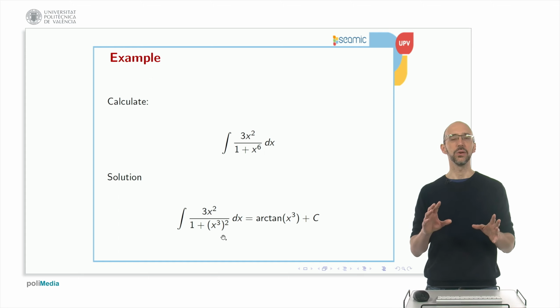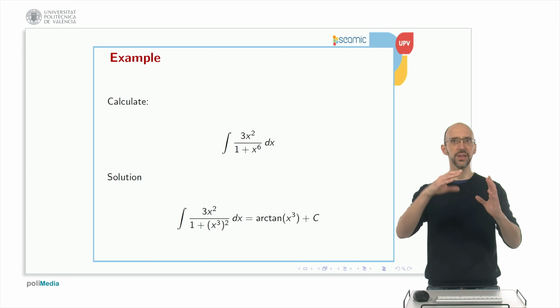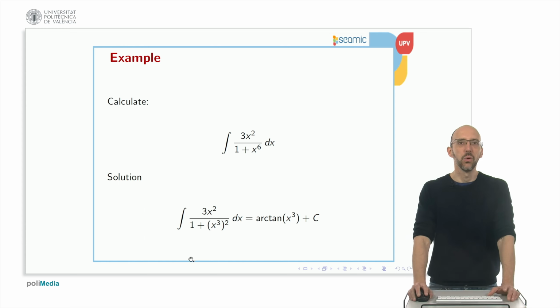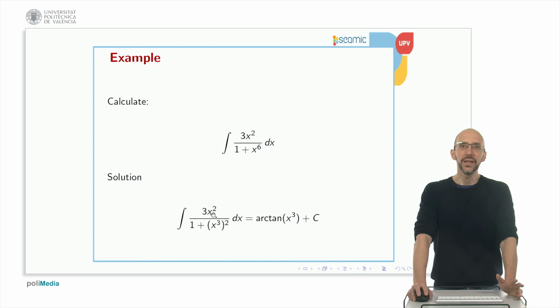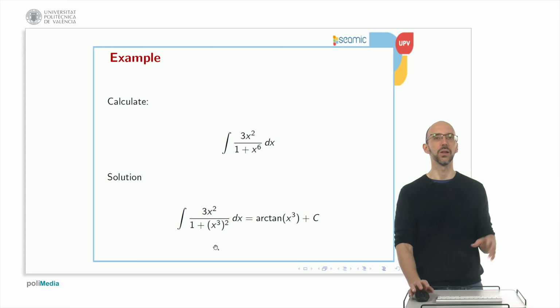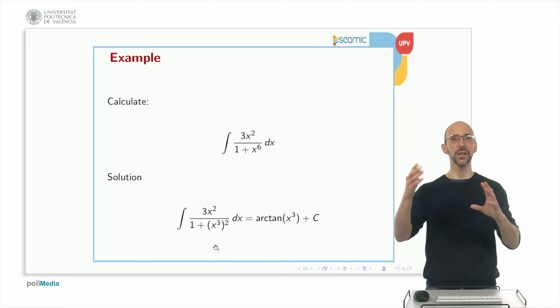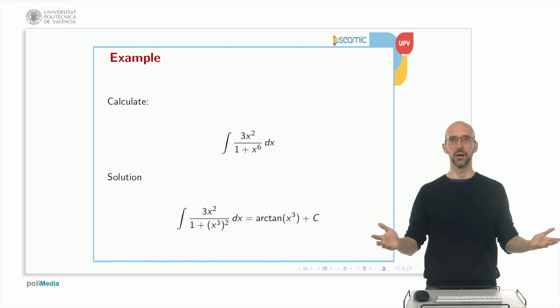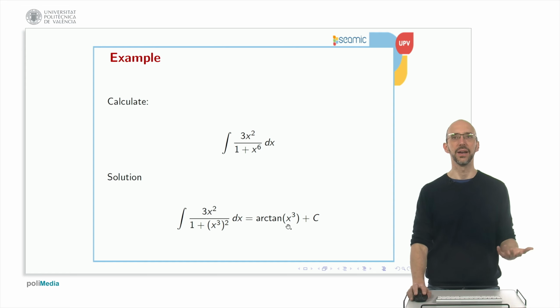Remember that the original formula has function squared. So my idea is to put something squared at the end. Okay, seems good. And also, the derivative of x cubed is on the numerator. Perfect. I got everything I need. 1 plus function squared and the derivative on top. Arctangent of x cubed. And I'm done.